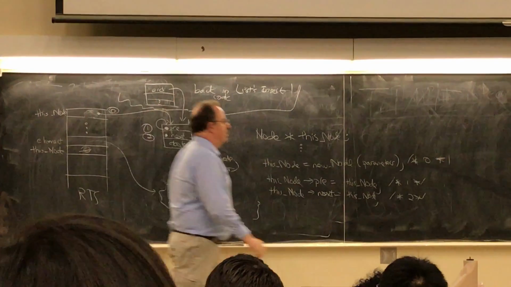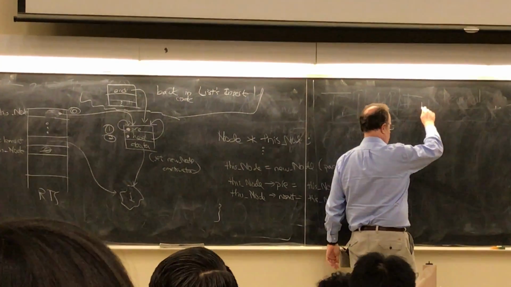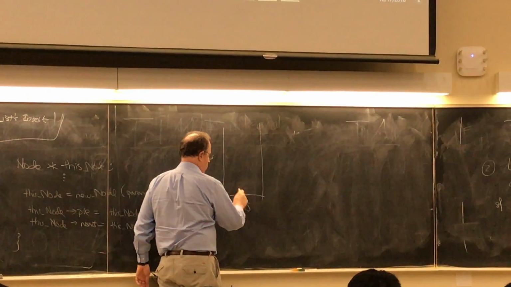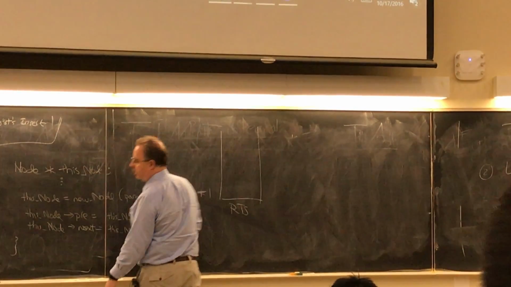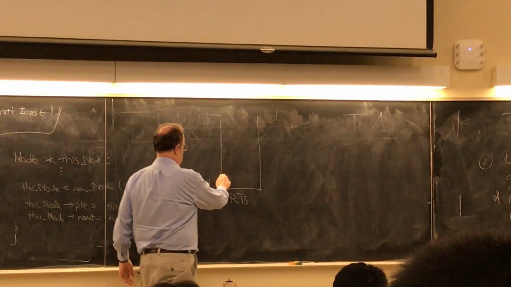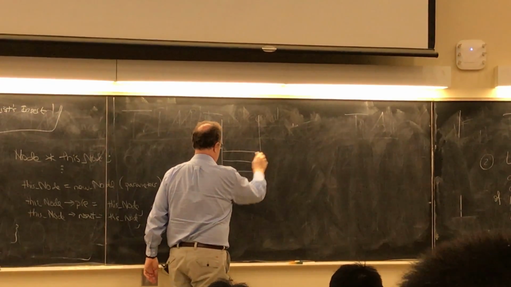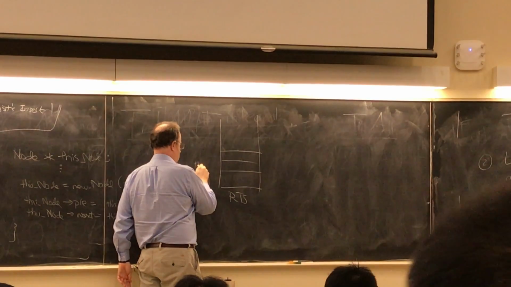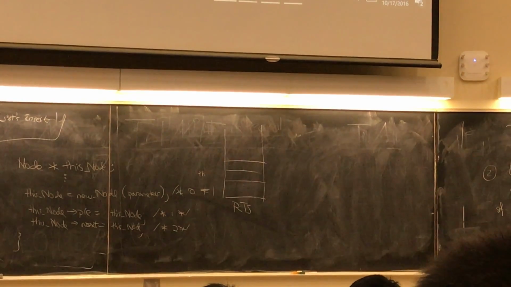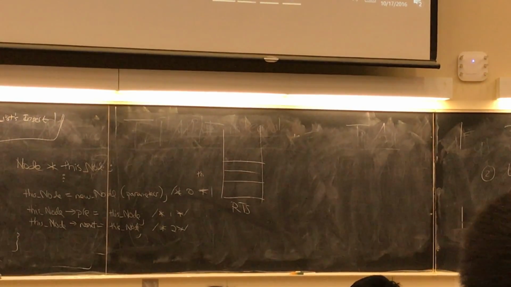Okay, so let's go on to every other case. And hopefully we'll have time to do this. Here's our runtime stack. We have element, this node. Oops. We have 2 things called this node, so that doesn't work. So how about we call this one working?